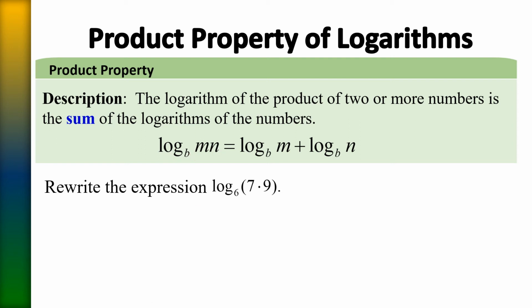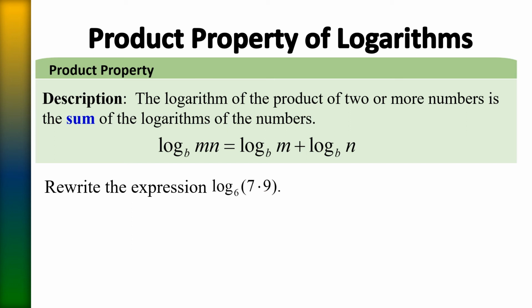So here we have an example: log base 6 of 7 times 9. We can split that up into two logarithms and say log base 6 of 7 plus log base 6 of 9.